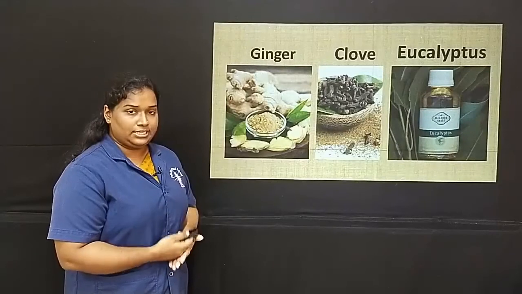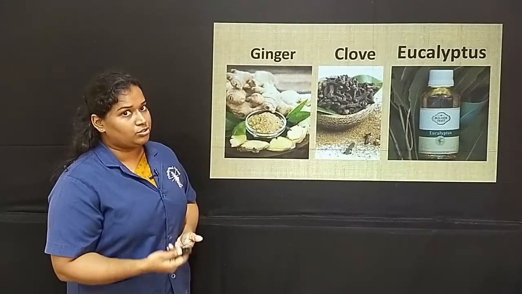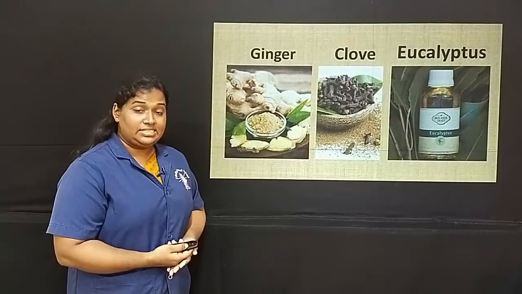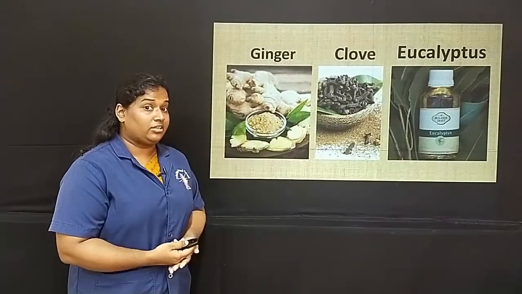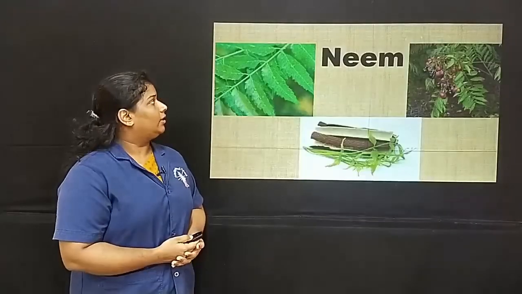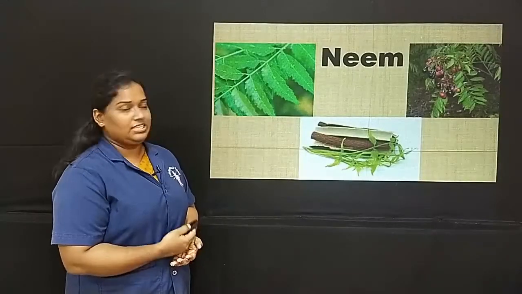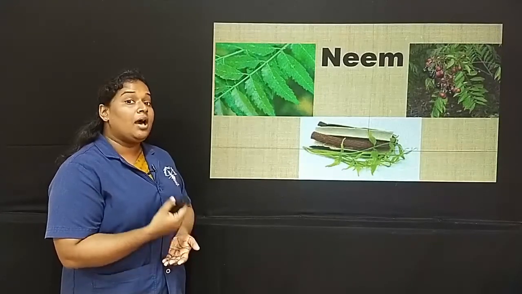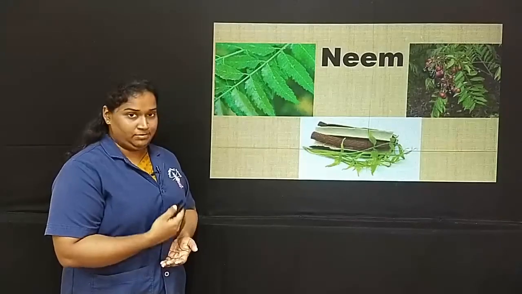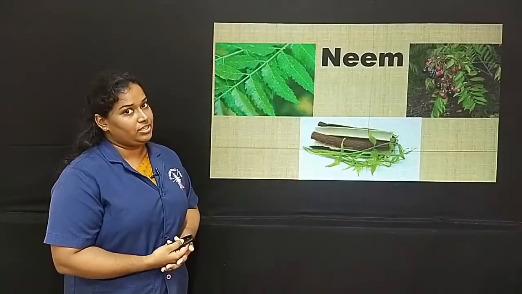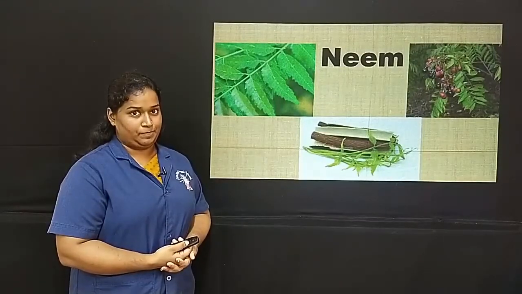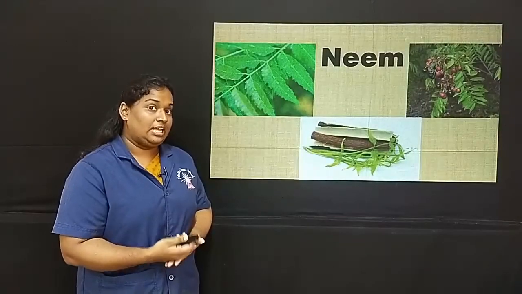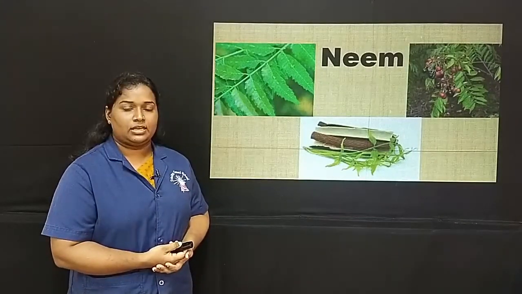Leaves of eucalyptus are also used as an expectorant, which means medicine used for treating cough. At last we have neem. The leaves, fruit as well as the bark of the neem tree are very rich in medicinal properties. We use neem oil for skin treatment like acne.